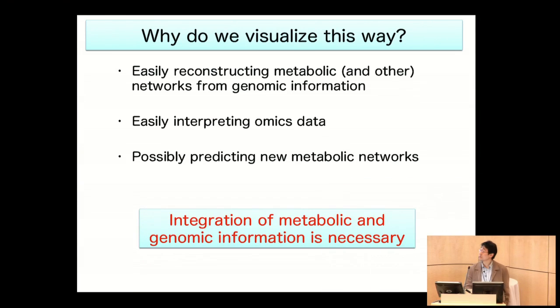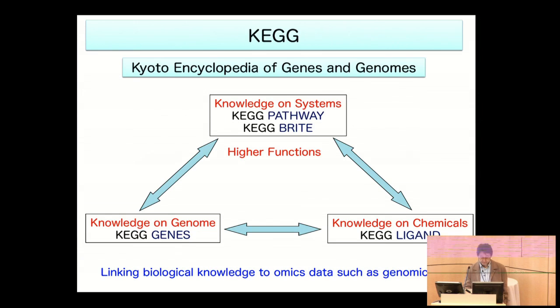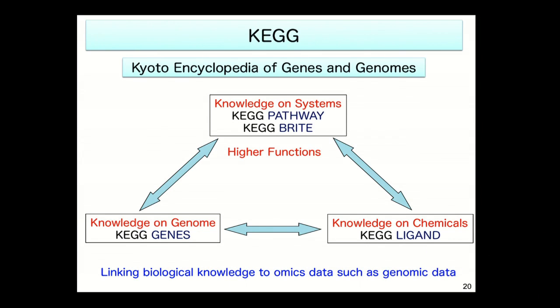So to do that, the integration of these metabolic and genomic information is necessary, and also the systems information should be integrated with this information. So we are developing the KEGG database. Actually, we are currently creating 19 databases in the KEGG database suite.